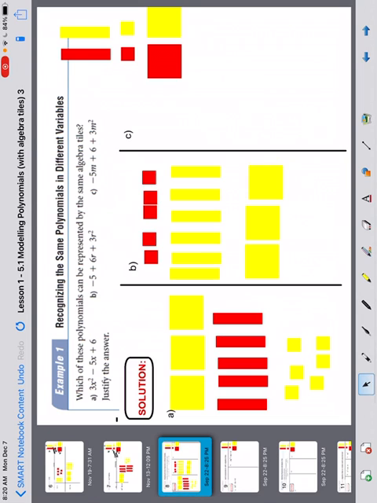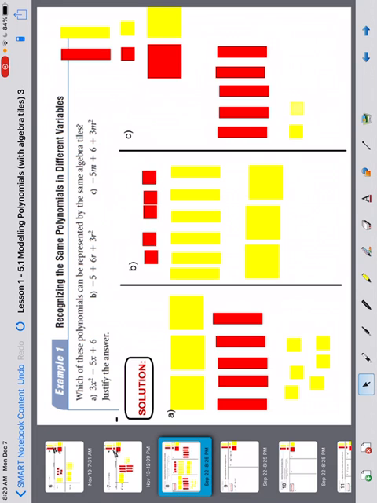Next example, −5m, that's negative. We're starting here. Plus 6, that's our constant term, positive, so it's yellow. And plus 3m.